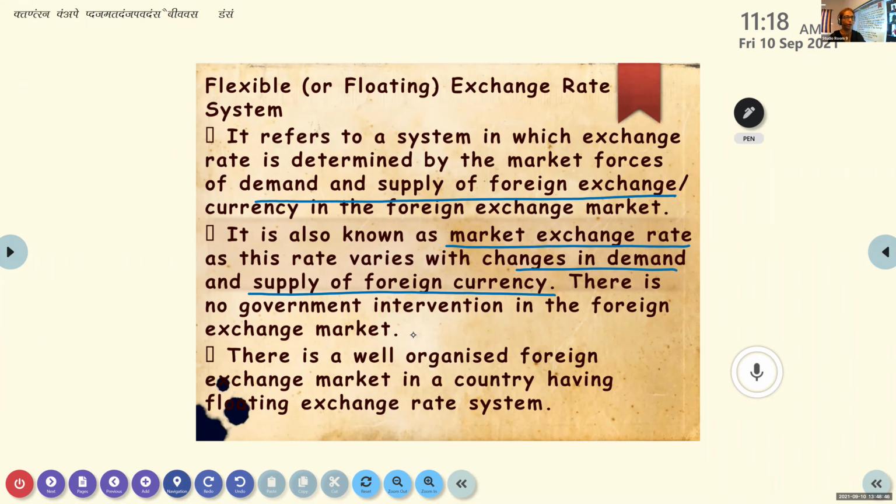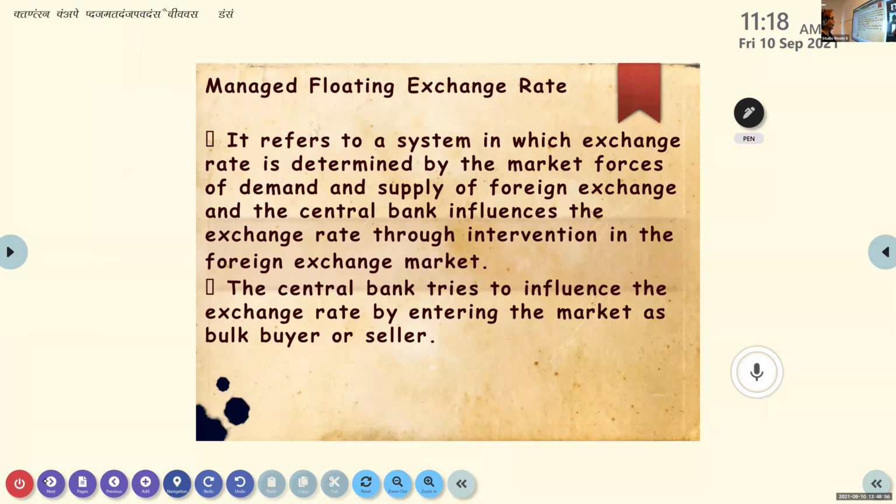Okay. Now, other than this, there is one more version of the exchange rate. I told you two are there. Now, within the floating or flexible exchange rate, we have one more version, that is the managed floating exchange rate. Okay, managed floating exchange rate. Now we are telling here it is a managed one, or somebody is managing this flexible exchange rate.